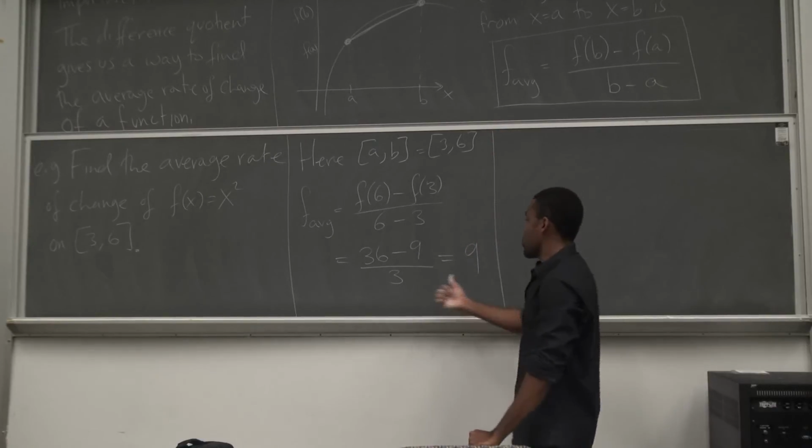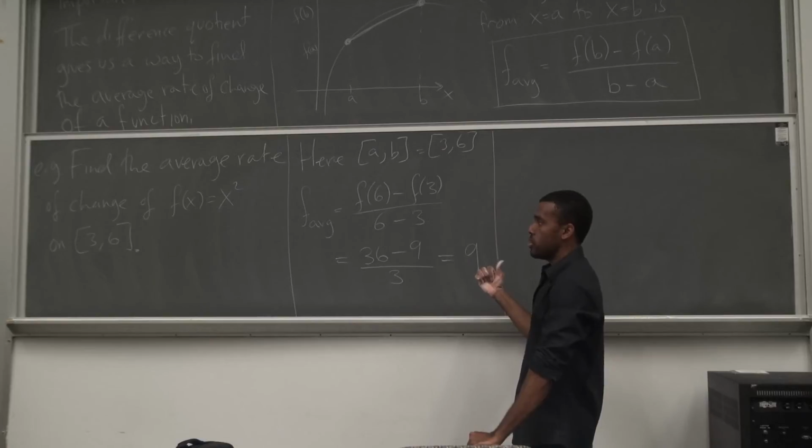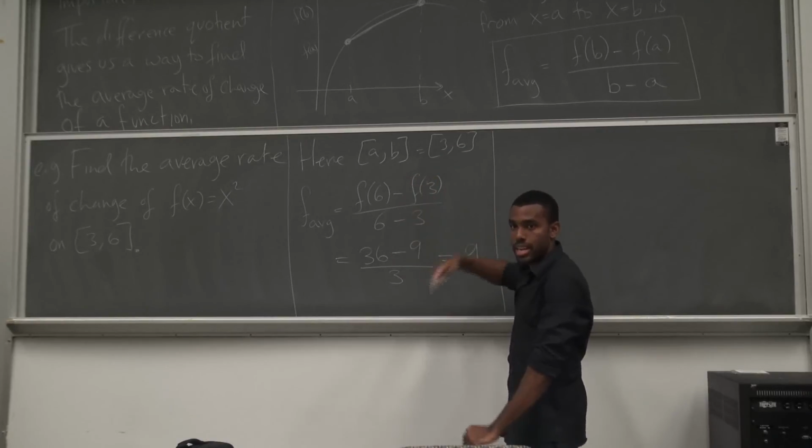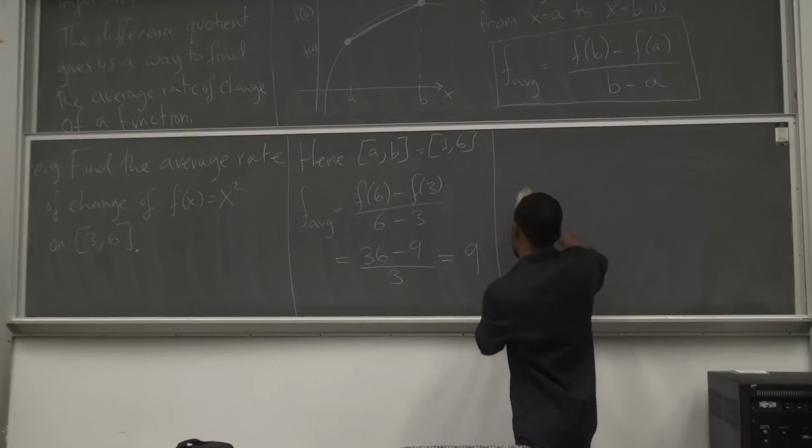That's it. For every 1 unit change in the x value, my y value would on average change by 9. Right? That's what the interpretation of that number means.